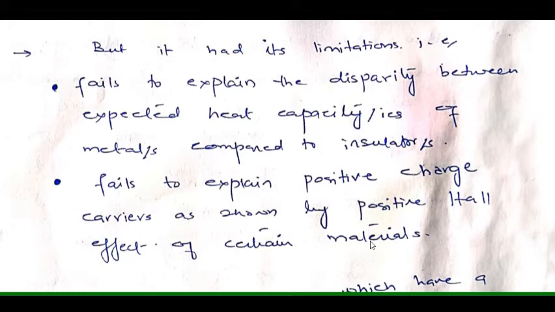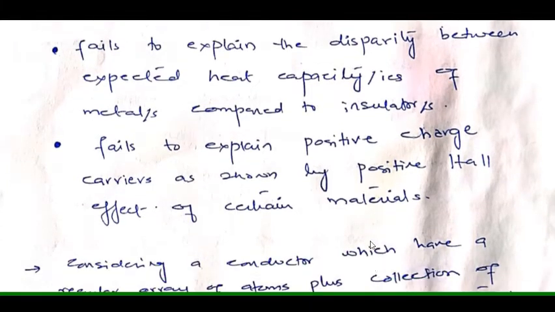And secondly, it fails to explain positive charge carriers, as shown by the positive Hall effect of certain materials. Otherwise, whatever we try to find out using this model related to Ohm's law and conductivity or resistivity will give us accurate values. But at these two points, this model fails to give us accurate results.